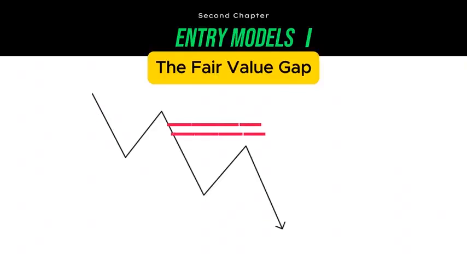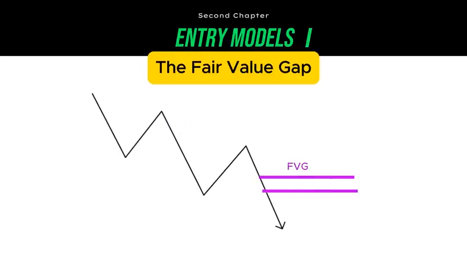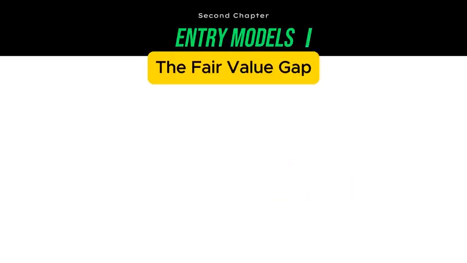But the pullback might also end lower than anticipated, and that might be because of a formed fair value gap that filled the inefficiency before hitting the supply zone. And the filling of the inefficiency on a downtrend validates the continuation of the initial macro trend, which is a downtrend.